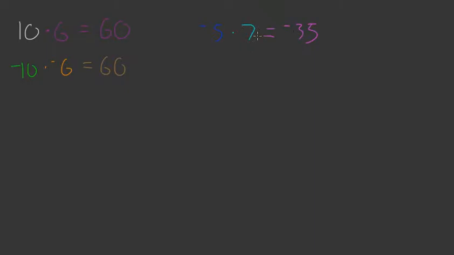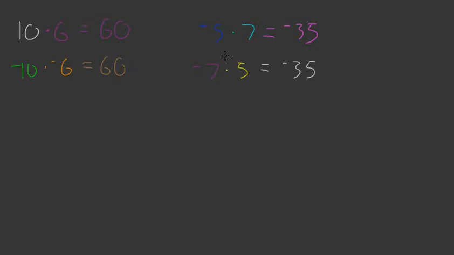So we have a positive 7 and we have a -5. Their signs are opposite, and they produce a -35, okay? And we could rewrite that as -7 times 5, and that's going to equal a -35 as well, okay?